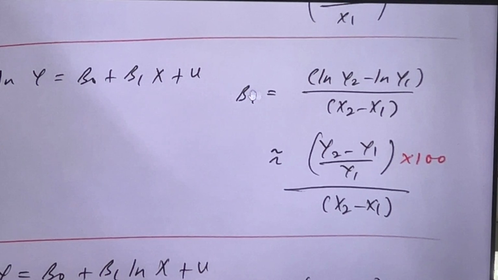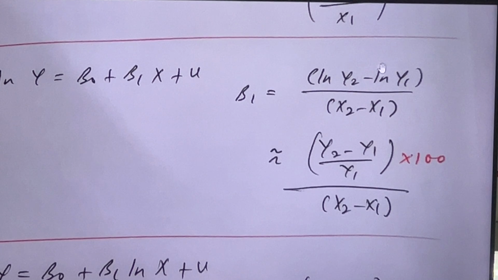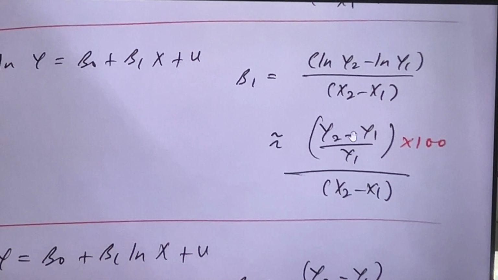So the slope coefficient represent absolute change in log of Y per unit change in X. So the absolute change in log of Y is equivalent to relative change in Y. So this one you multiply by 100, you get percent change in Y per unit change in X.